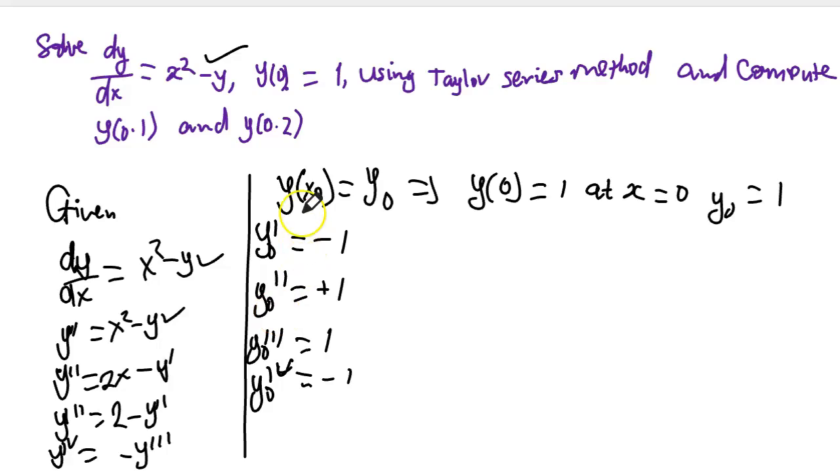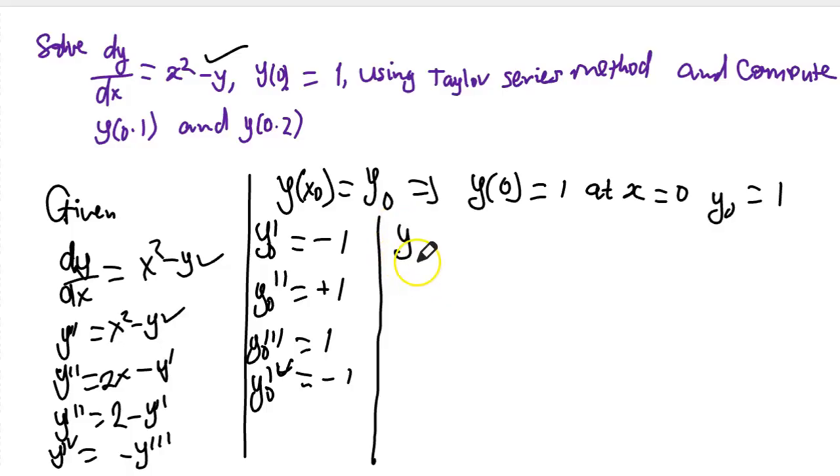Once you understand what has happened here and how this is being iterated, you are now able to use the Taylor series formula to find the final answer. So let's look at the Taylor series formula.